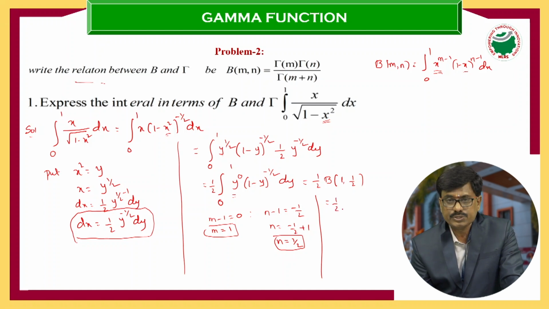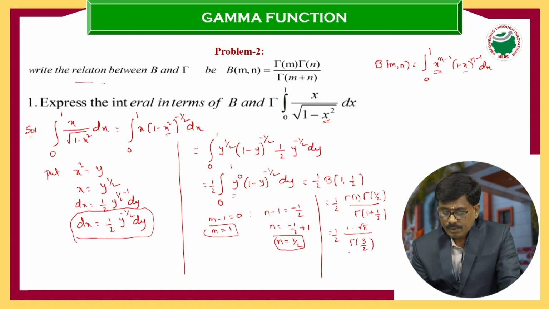Therefore 1 by 2 into gamma of 1 into gamma of 1 by 2 whole divided by gamma of 1 plus 1 by 2. Already you know the property, gamma of 1 is 1, gamma of 1 by 2 is root pi, divided by gamma of 3 by 2. This is nothing but root pi by 2 into 1 by gamma of 3 by 2.